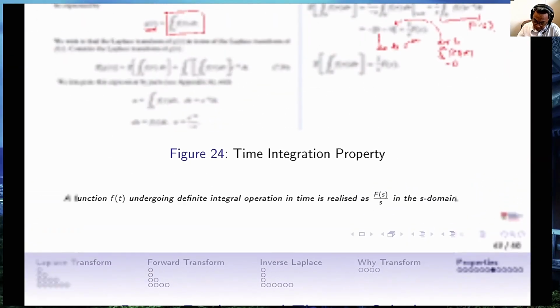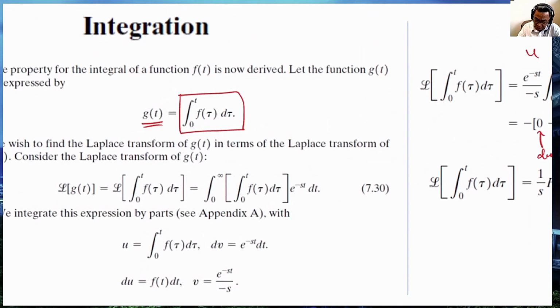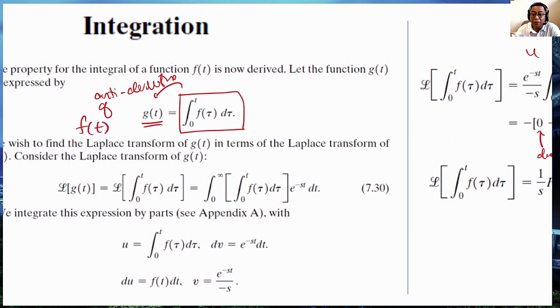Now, if you recognize this, then the left hand side is the antiderivative of f of t. So we are trying to actually get the integration of f of t.